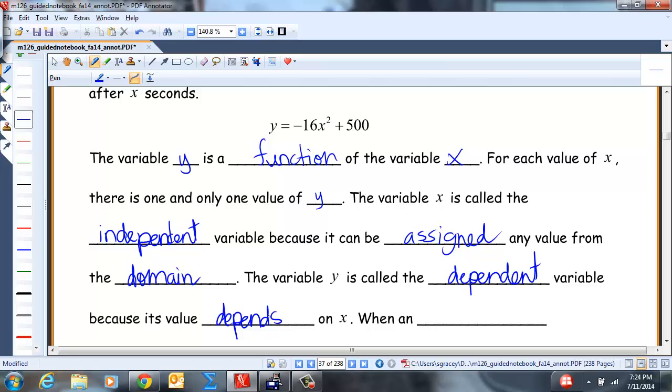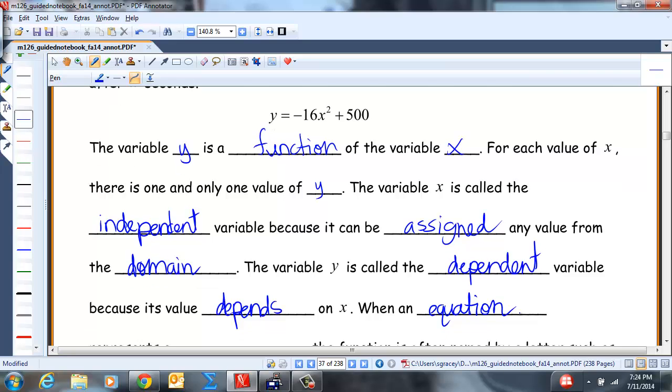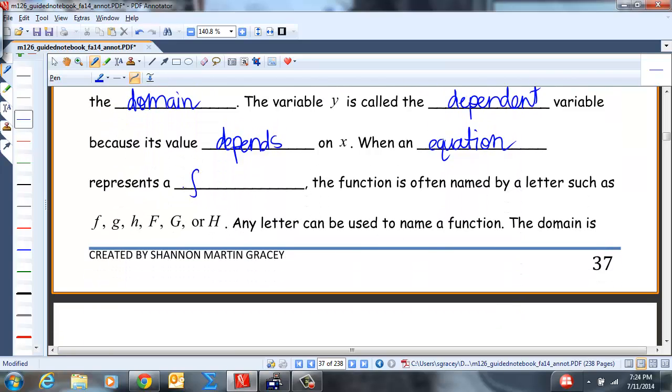When an equation represents a function, the function is often named by a letter, such as the script F, G, and H, or capital F, G, or H. Any letter can be used to name a function.